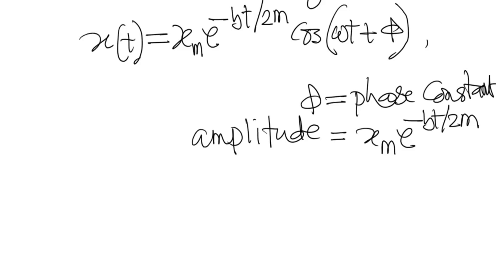To calculate the kinetic energy, we need the velocity, and the velocity is the first derivative of position. If we differentiate x with respect to time t, we'll have this.